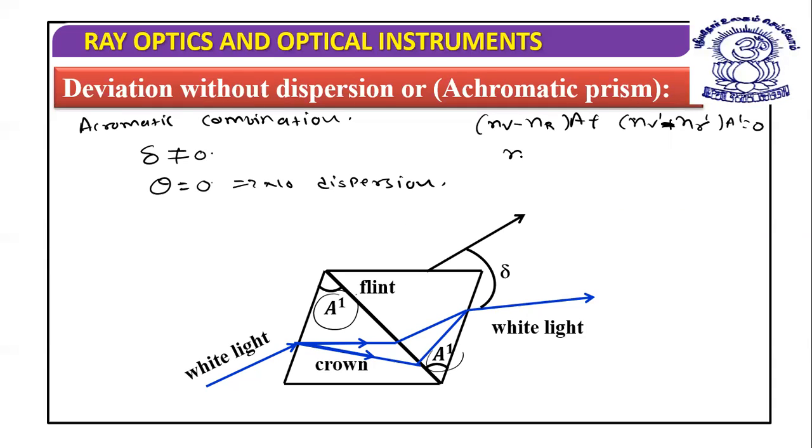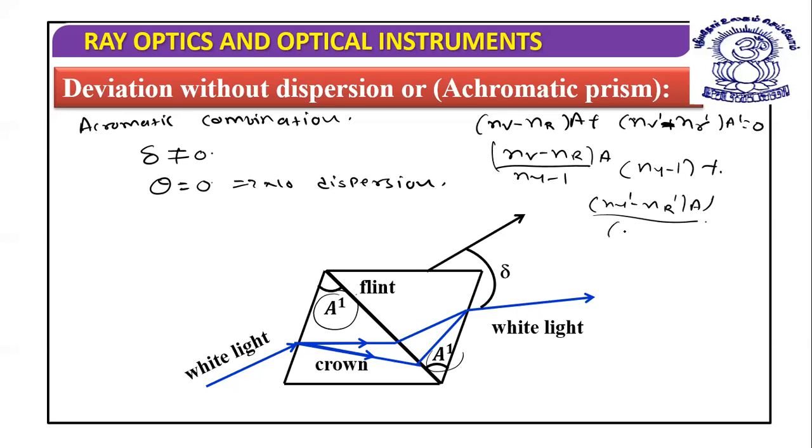So we can write (Nv minus Nr) upon (Ny minus 1) into A into (Ny minus 1) plus (Nv dash minus Nr dash) upon (Ny dash minus 1) into A dash into (Ny dash minus 1) is equal to 0.